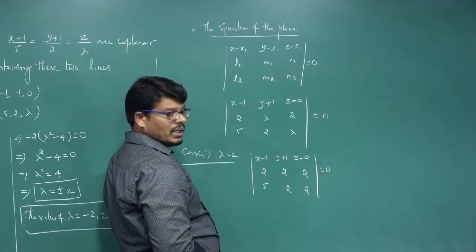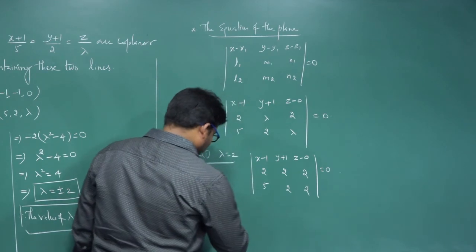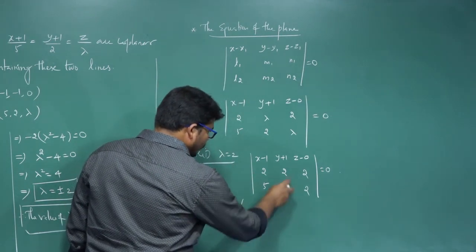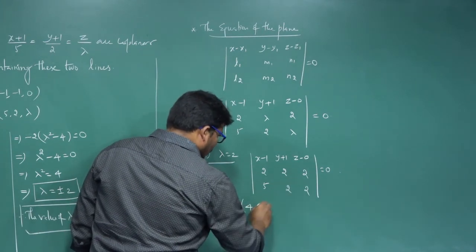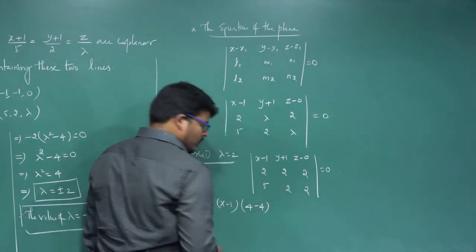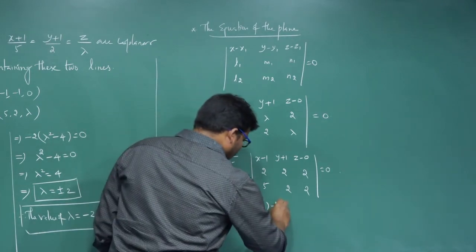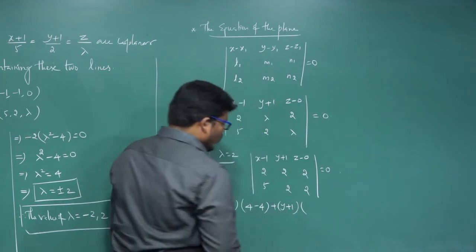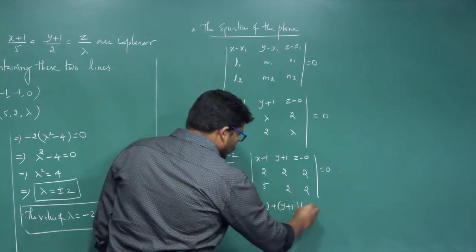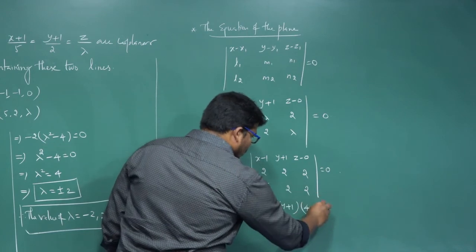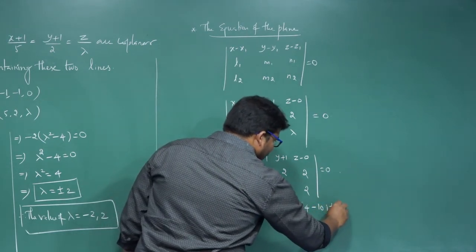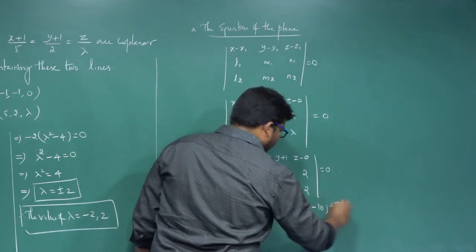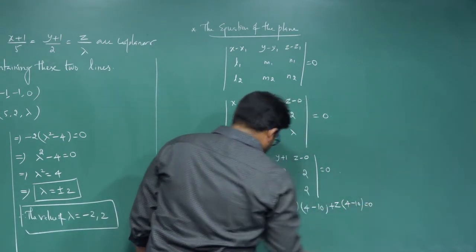Now expanding the determinant: x minus 1 into 2 times 2 is 4, minus 4; plus y plus 1 into 2 times 2 is 4 minus 10; plus z into 2 times 2 is 4, 5 times 2 is 10, 4 minus 10 equal to 0.